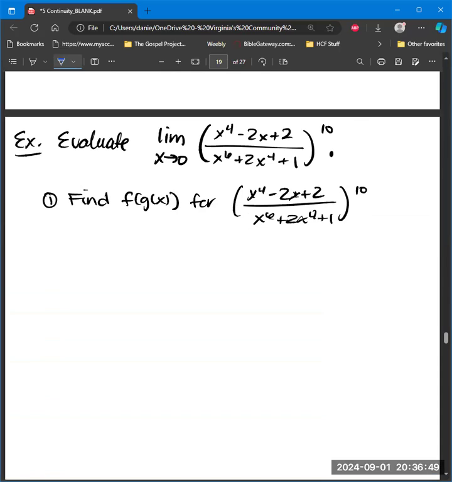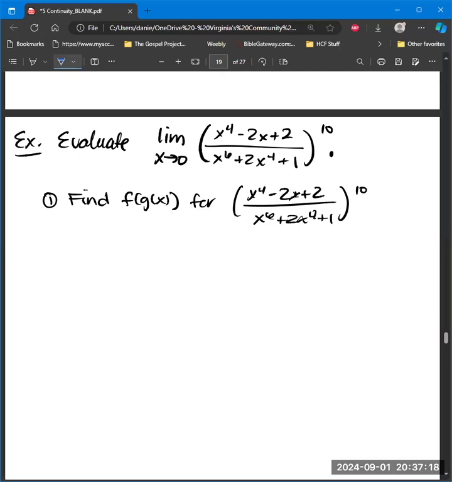So let's find the limit as x approaches 0 of x to the 4th minus 2x plus 2 over x to the 6th plus 2x to the 4th plus 1, raised to the 10th power. We see that we're not going to get 0 in the denominator, so this limit is going to exist in the inner function. The easiest thing is to find this limit as x approaches 0 and then raise it to the 10th power.